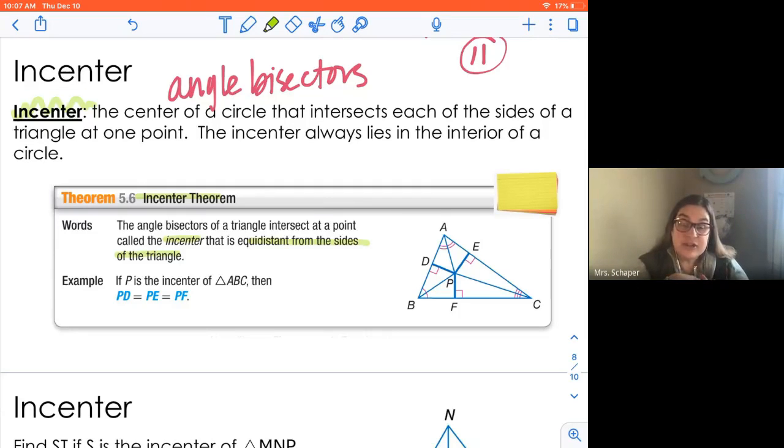So the incenter theorem says that the point of concurrency for the angle bisectors is the incenter, and that the incenter is equidistant from the sides. And notice it needs to have a right angle.